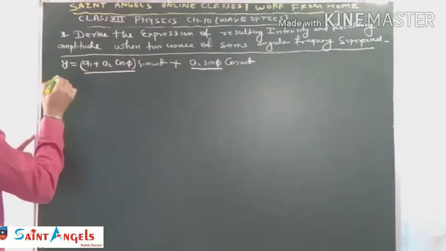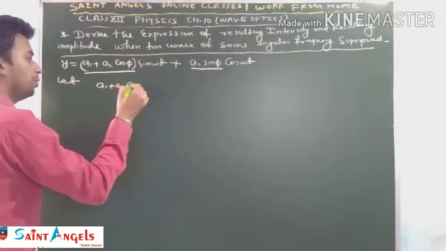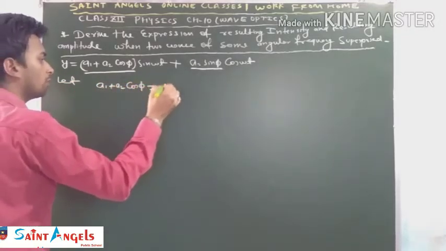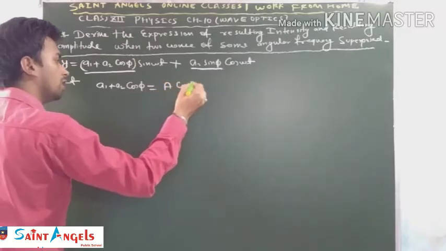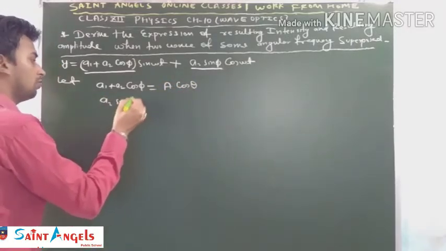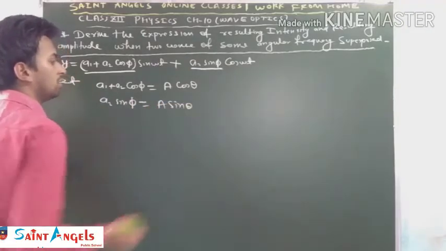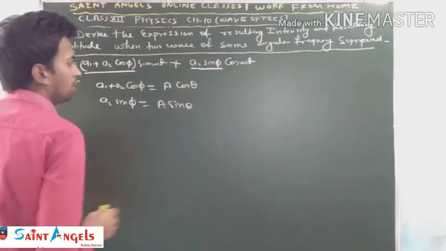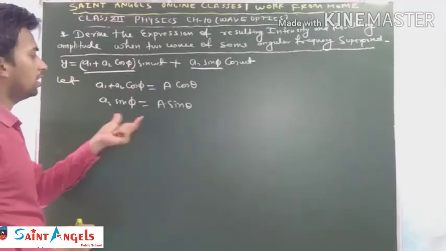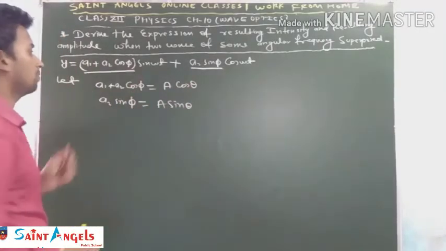Let a1 plus a2 cos phi equal to a cos theta and a2 sin phi equal to a sin theta. We consider this identity to simplify this equation.